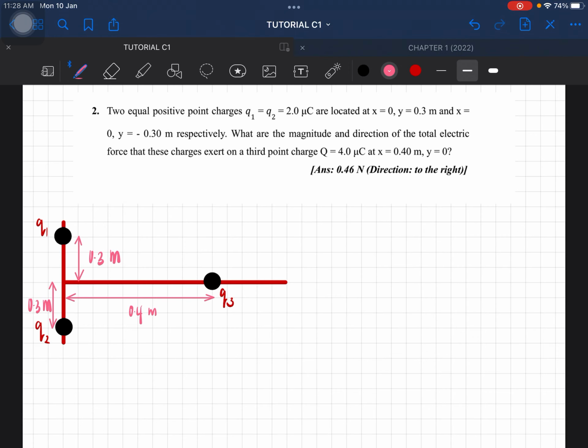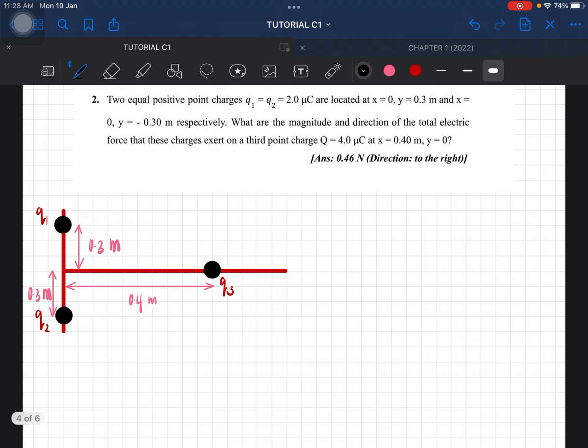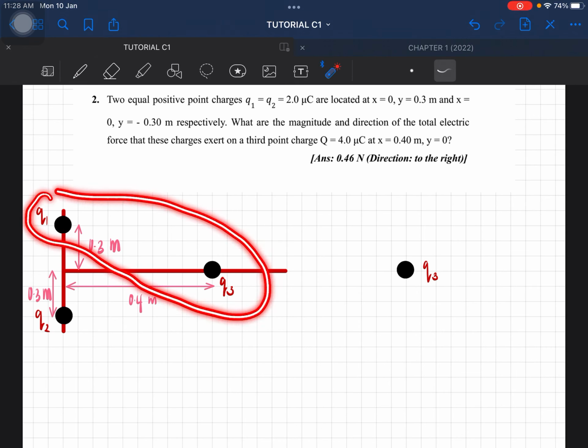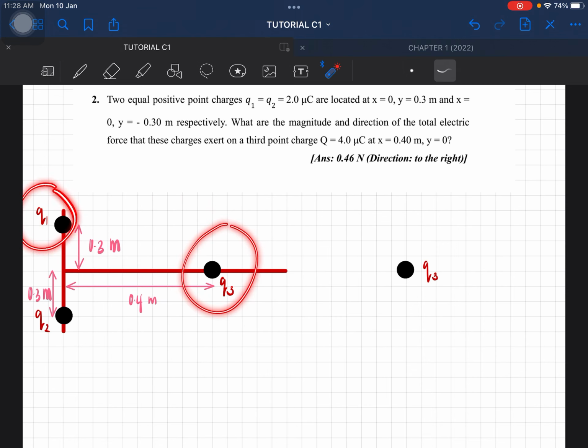Now we are gonna draw the force vector diagram. So that is gonna be only looking at the charge number 3. Okay, so this is Q3, this is charge 3. So we are gonna look at what the direction of the force is for Q1 and Q3 first.